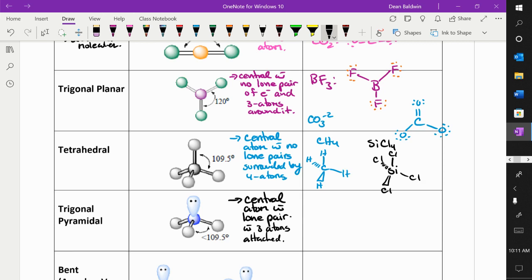So the most common one is ammonia, NH3. It would look something like that.